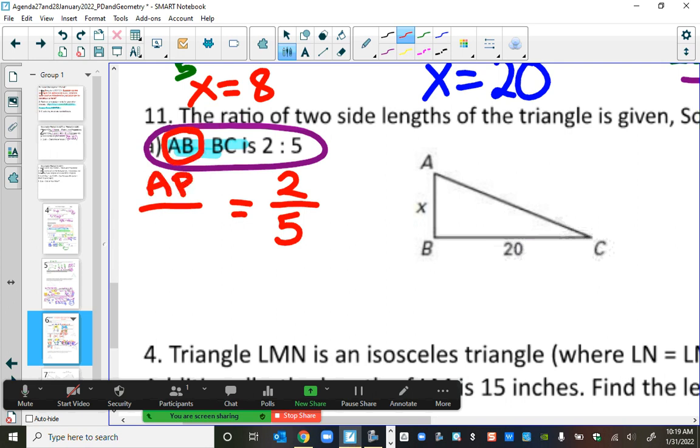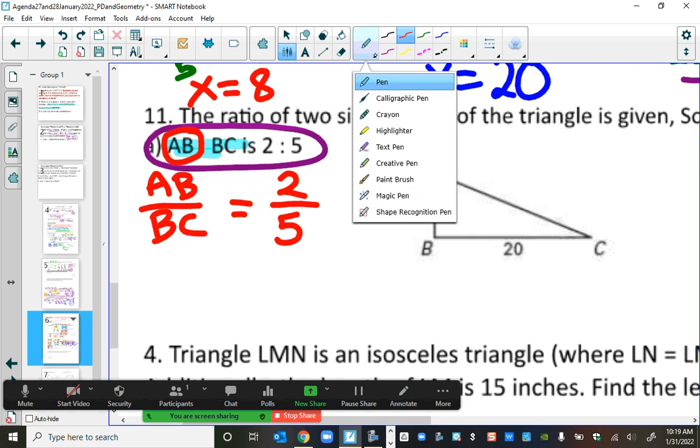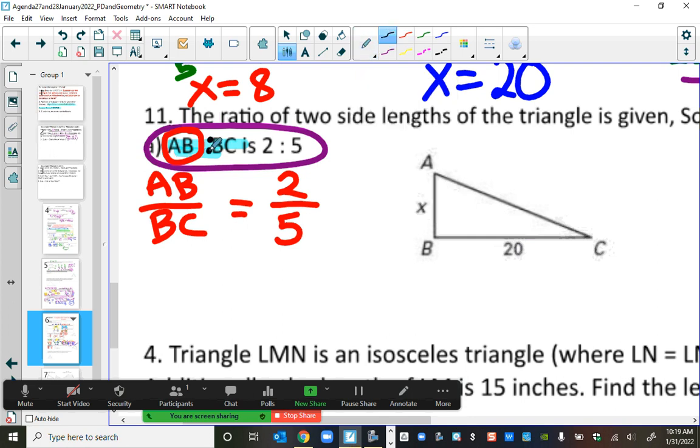It's going to be AB over BC. Since we're dealing with sides of triangles and polygons, the 2 letters make up that side. That's the most important part.